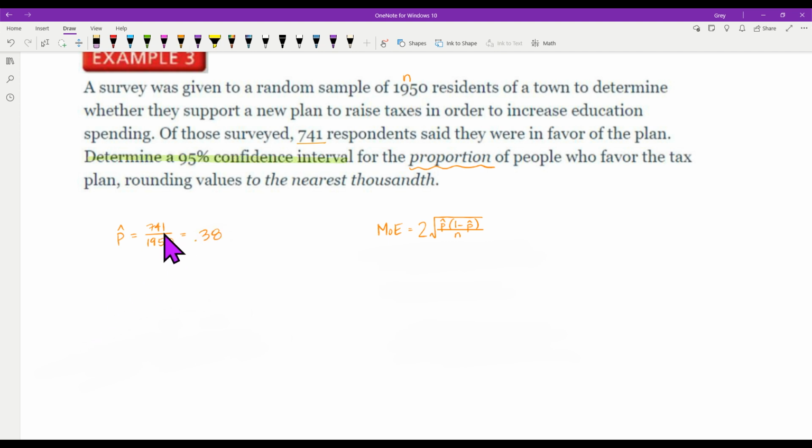When I plug these in, p hat is 0.38, 1 minus 0.38 is 0.62, and my n is 1,950. When I plug that in, that gives me a value of 0.02198. Remember that if it says rounding the values, that means my answer is to the nearest thousandth.